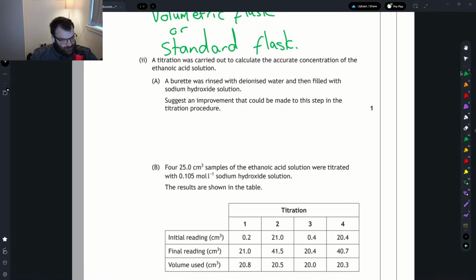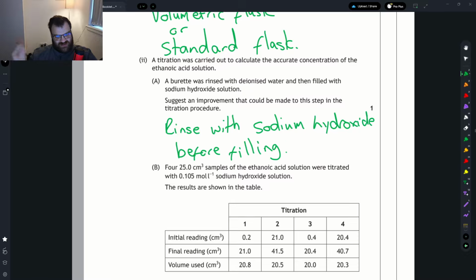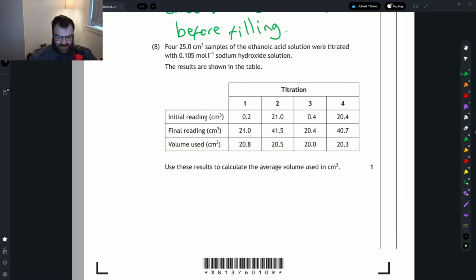They're doing it with water. You're better to rinse it with the chemical you're using as well. Or if you're only going to rinse it once, rinse it with the chemical. So rinse with sodium hydroxide before filling. That's trying to make sure that we're driving off any other contaminants that could be there.